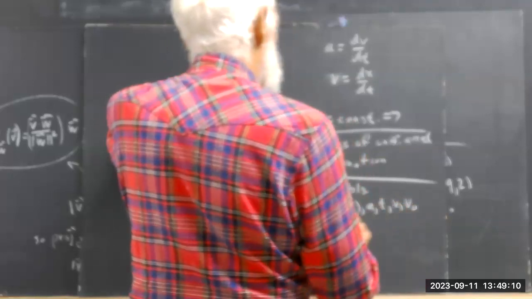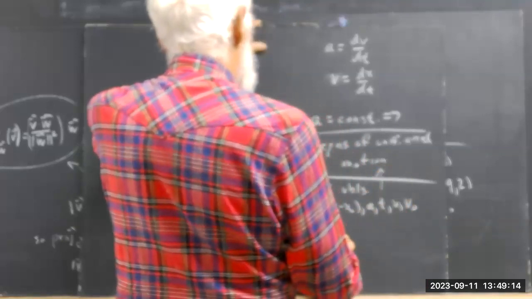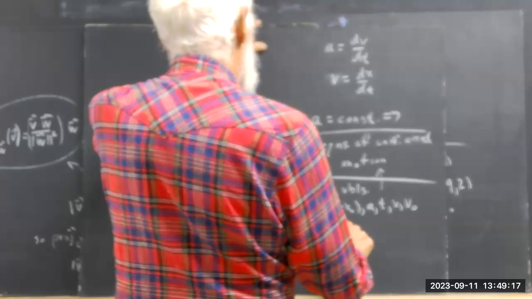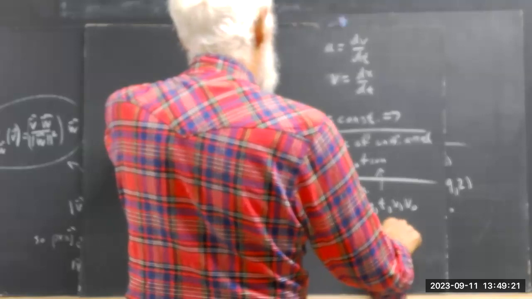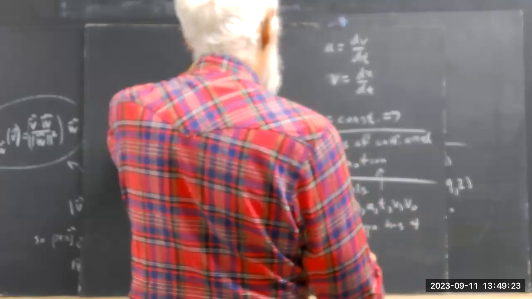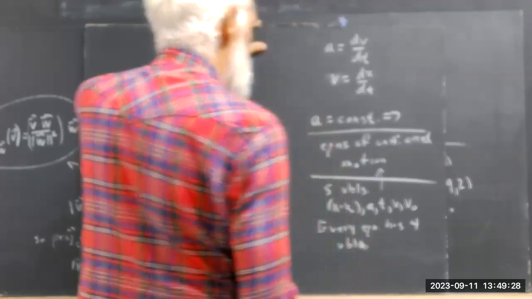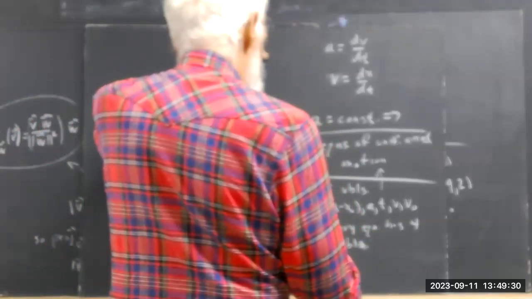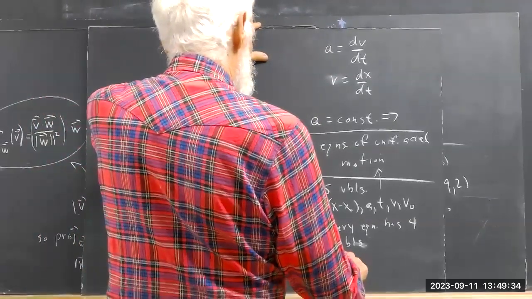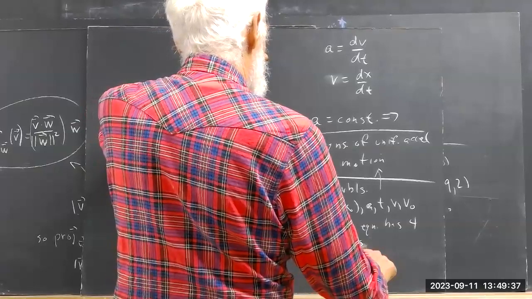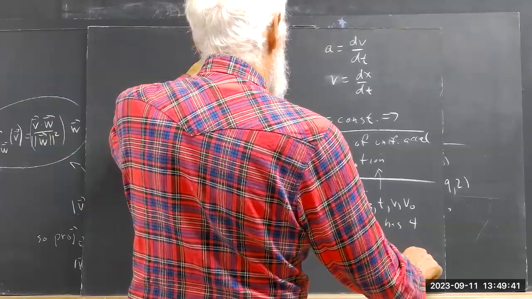You have 5 variables in the equations. Every equation has 4 variables. The 3 variables are known.